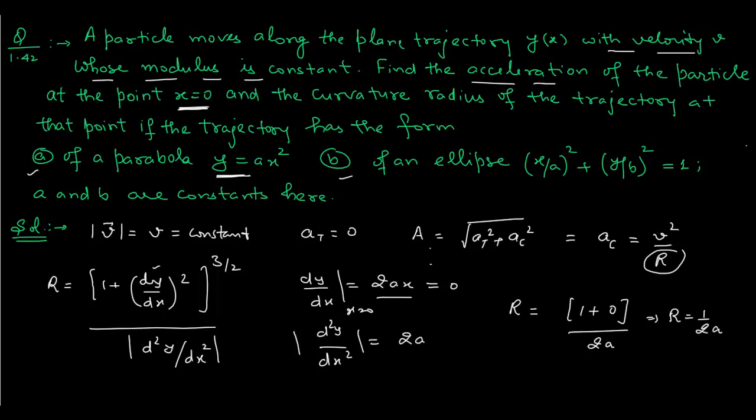So the total acceleration, which is equal to centripetal acceleration, is v square by r. R is 1 by 2a, and you will get the total acceleration in the case of this parabola as equal to 2av square. Clear? So the first part, part A, we have answered.